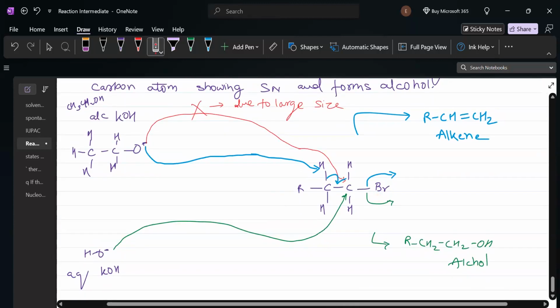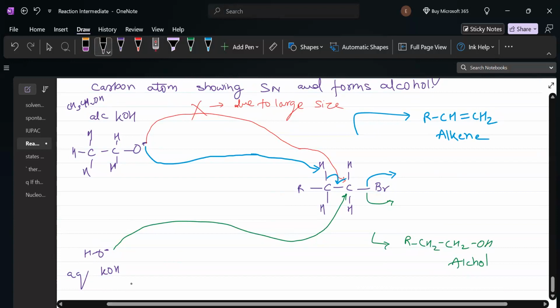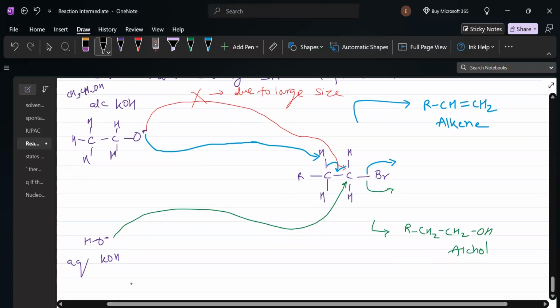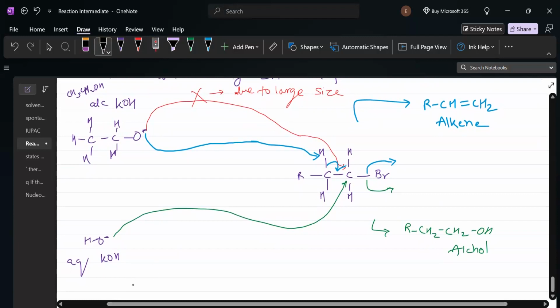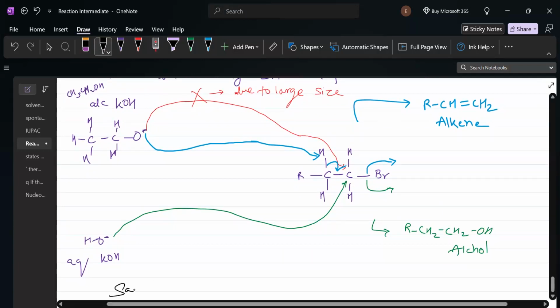Now note down this, and make these arrows like I have made. Very important. Let me know when you are done.